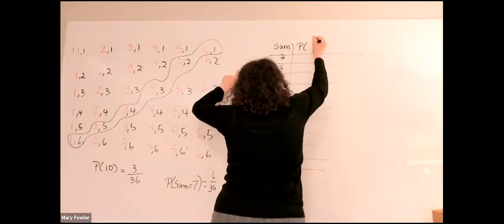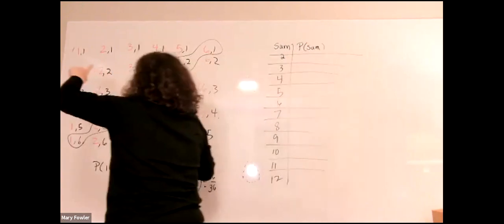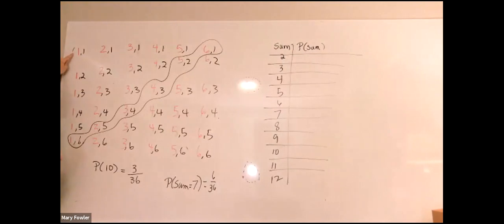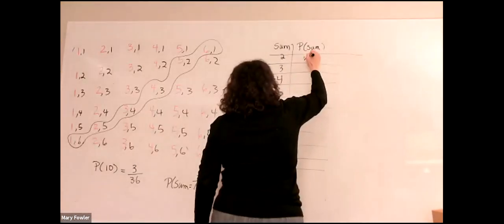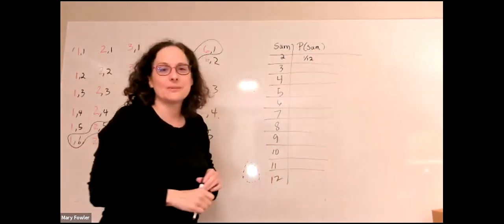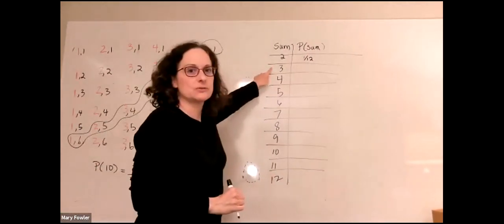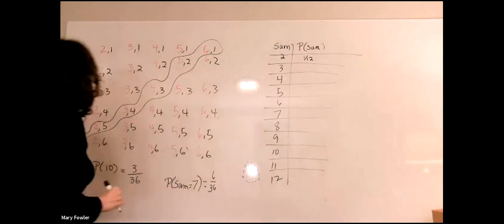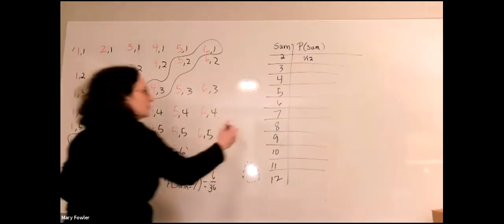So the probability that the sum is equal to 2, we come on over here and we see that there's just one way to get the sum equal to 2. So the probability of the sum equals 2 is 1 over 36. The probability of the sum equals 3, come on over here, and you can see there are 2 ways that the sum is equal to 3.